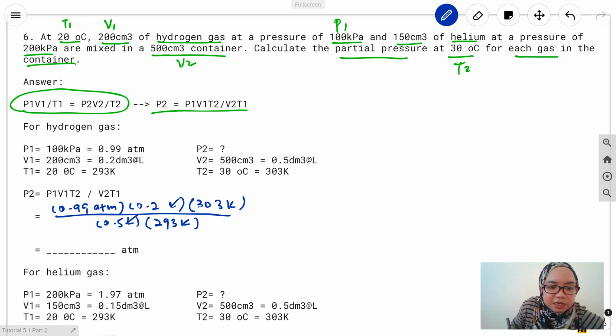So liter and Kelvin cancel out. When we calculate, we will get the final pressure for hydrogen gas.